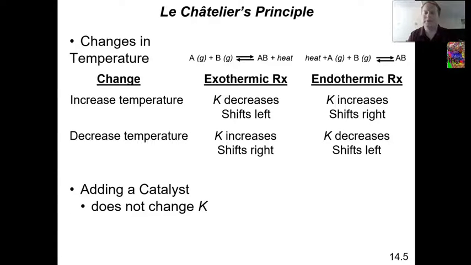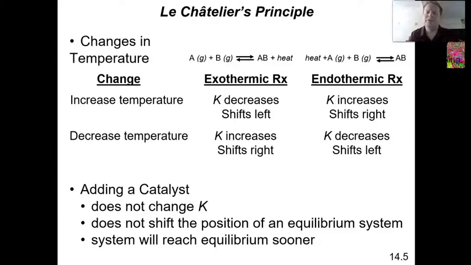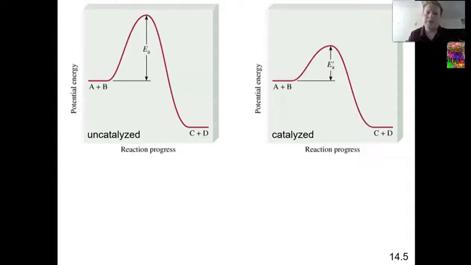Adding a catalyst does not change the constant. It does not shift the position of an equilibrium system. The system will reach equilibrium sooner. So here's a visual of that. Remember, we know that a catalyst will lower the activation energy, but it'll actually lower the activation energy in both directions. So it won't actually change anything overall, except you'll reach equilibrium faster.